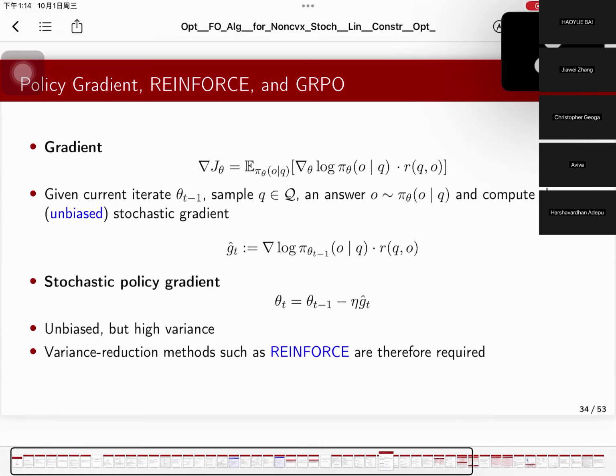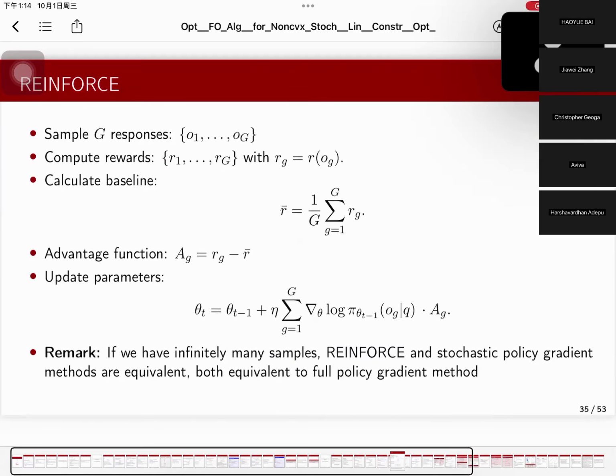To reduce the variance, people use the so-called REINFORCE. We compute a baseline, which is the mean of the reward, and we define the advantage function to be the reward minus the mean reward. This is very intuitive. If your reward is larger than the expected reward, then you encourage this action.